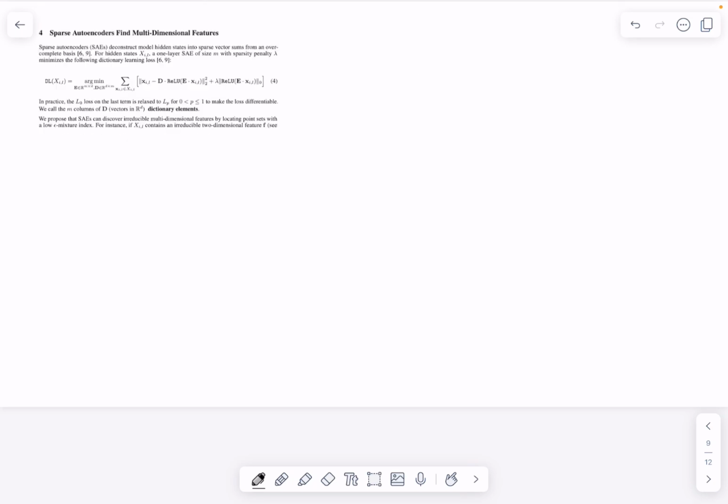Sparse autoencoders compress the input data through the encoder into the most essential features, and then the decoder reconstructs the original input using only these compressed features.